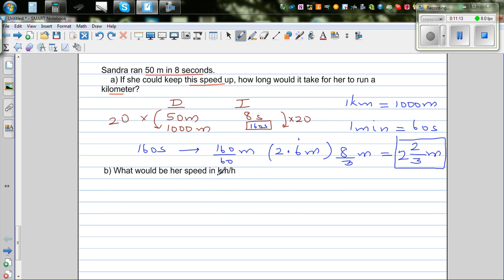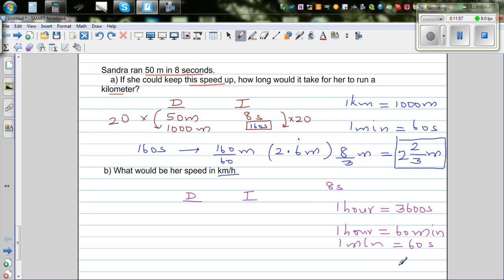And now, what would be her speed in kilometers per hour? So let's again change this into distance and time. Let's change 8 seconds. 1 hour has how many seconds? 1 hour has 3,600 seconds, because 1 hour is 60 minutes, and 1 minute is 60 seconds.